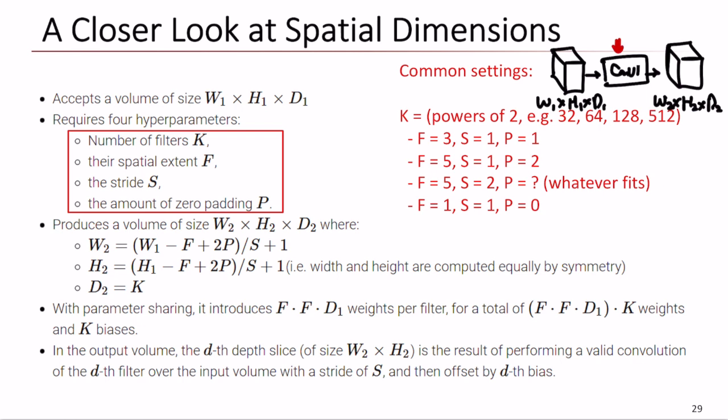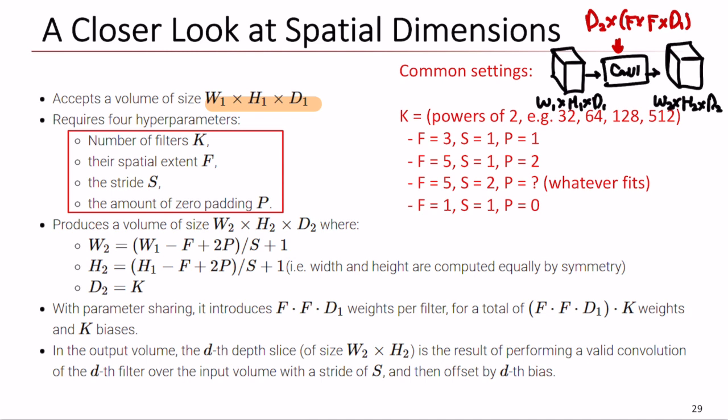Then your size of the kernel was D2 times F times F times D1. Like this. So the accepted volume size, I mean the input size, was W1 by H1 by D1.